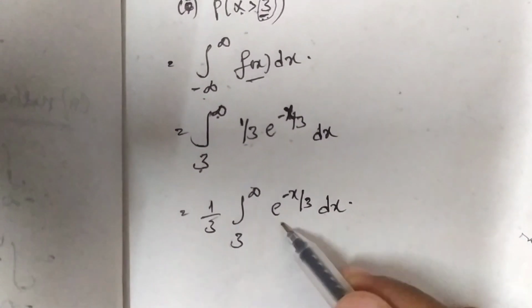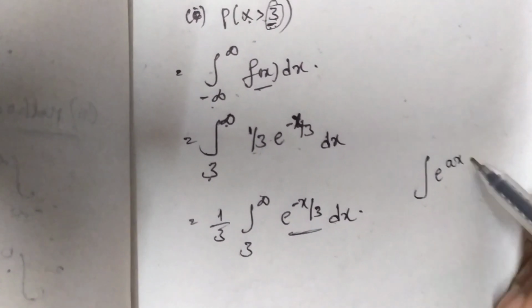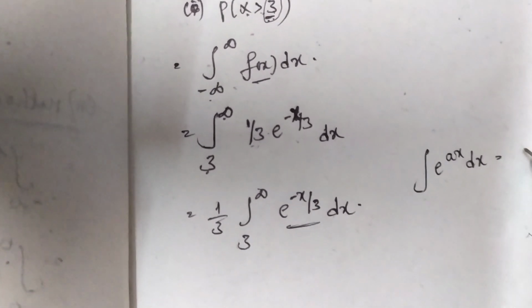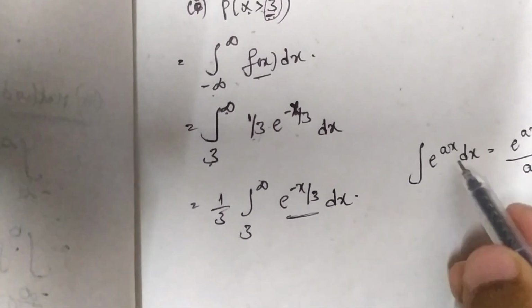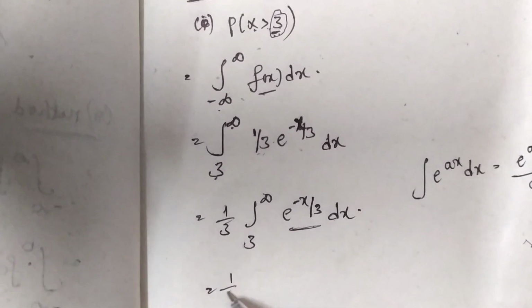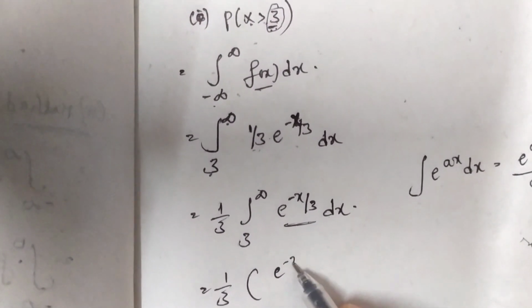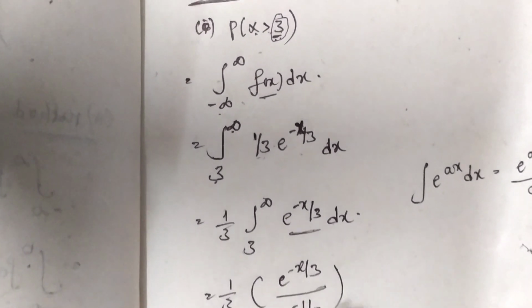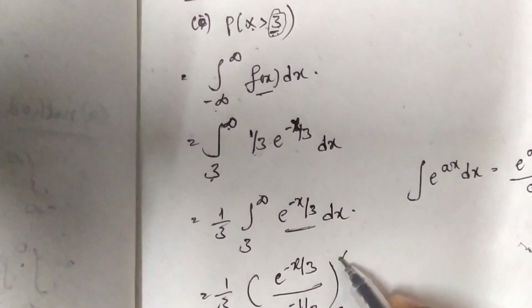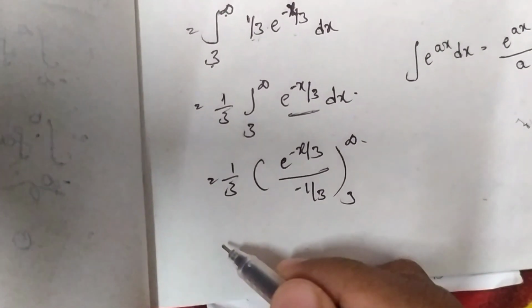Here this function is compared with the formula, integration of e power ax dx, which is e power ax by a. So by comparing with this formula we write 1 by 3 into e power minus x by 3 by minus 1 by 3, from 3 to infinity.